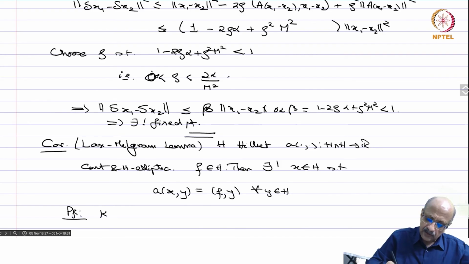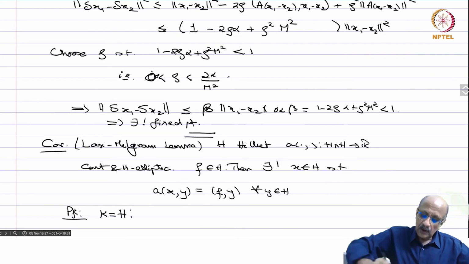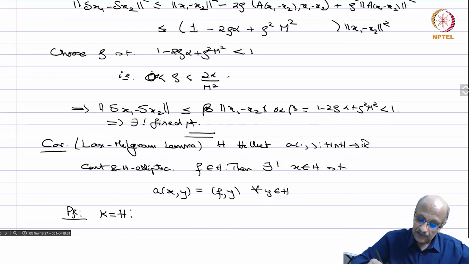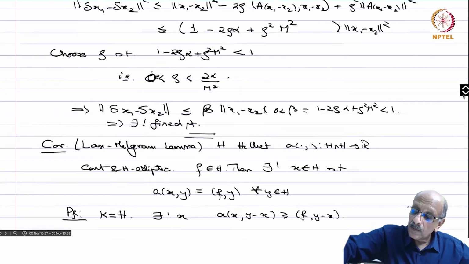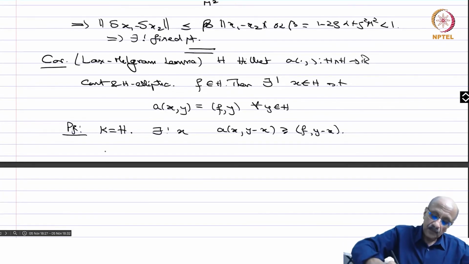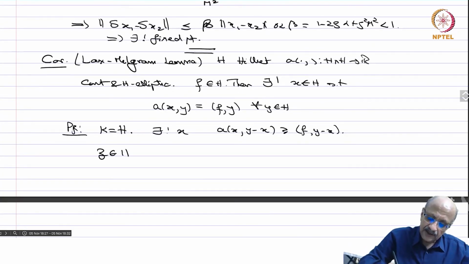So K is now equal to H. Okay, so we can apply Stampacchia's theorem. So there exists a unique x such that a(x, y − x) is greater or equal to f(y − x). Okay, so now take any z in H. So you write y equals z plus x.